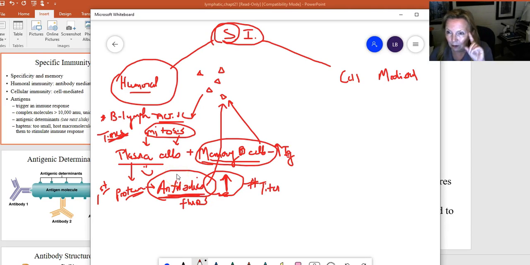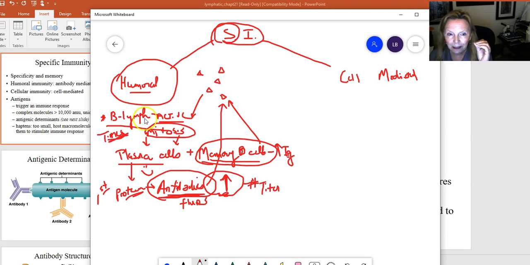Now, what did it take for humoral immunity? It took B lymphocytes, very special types of lymphocytes. I had suggested to you in hematology that there isn't just one type of lymphocyte. There are many different types of lymphocytes. And here you're seeing some lymphocytes called B lymphocytes.